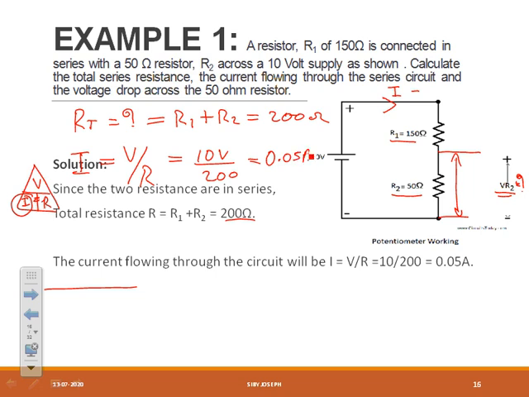And the third one is the voltage across the resistance VR2.